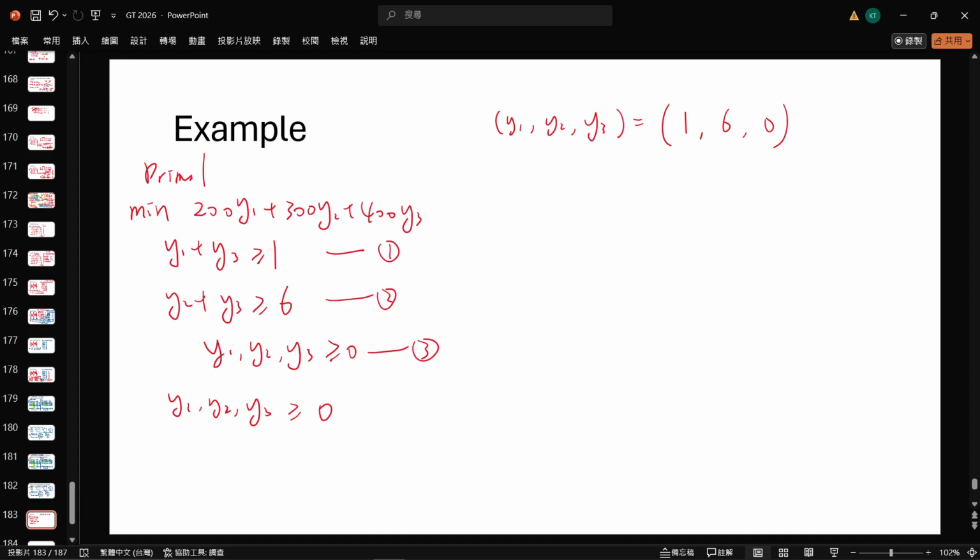I think this will give you 2,000. So this is a decent solution, but I want to find a better solution.